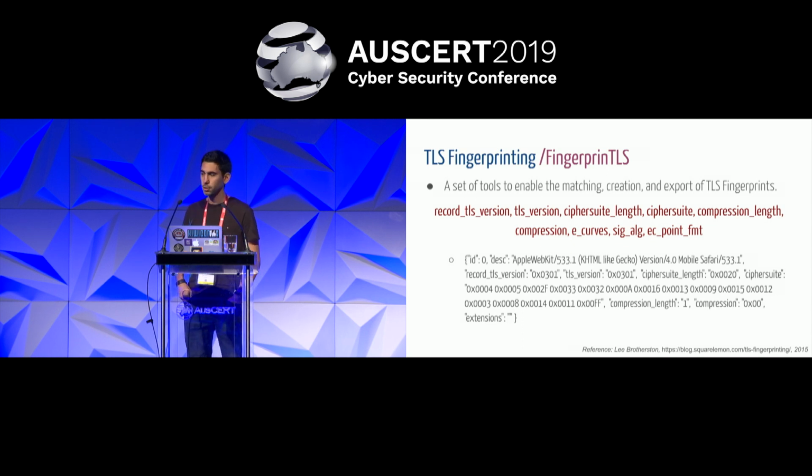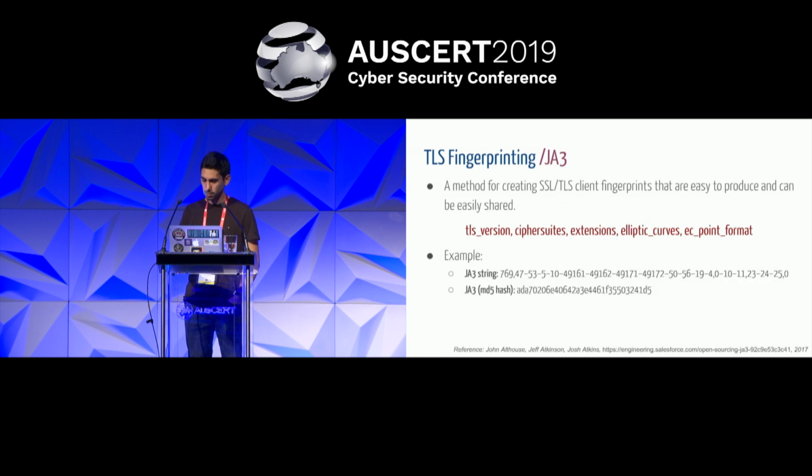It's really good, better than the previous works, but again, it's a bit hard to share these fingerprints with the community and have some kind of detections based on that. So that's why three of our guys from our team at Salesforce started working on JA3, which is currently the most common SSL fingerprinting method.